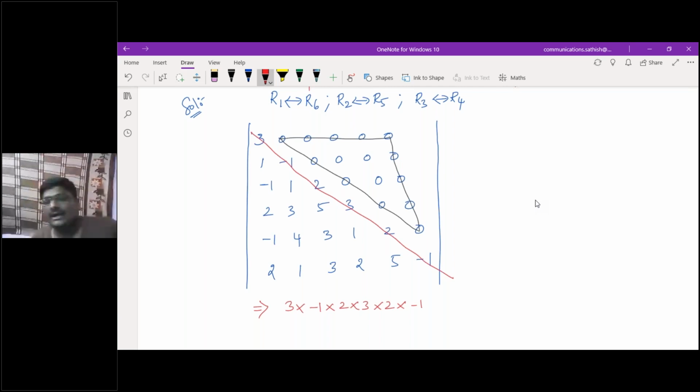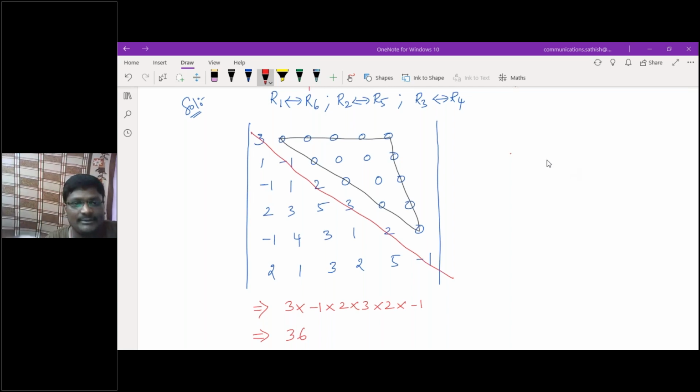This gives 36. Is it enough? Anyhow, this will be 36 only. Is it enough? No. What you need to do? I interchanged the rows three times.